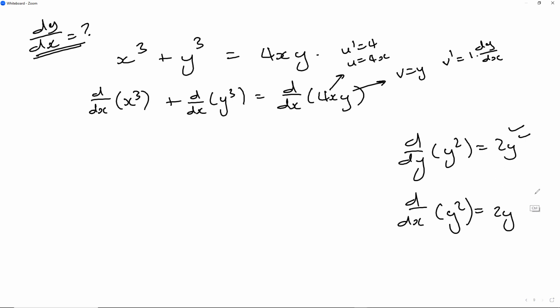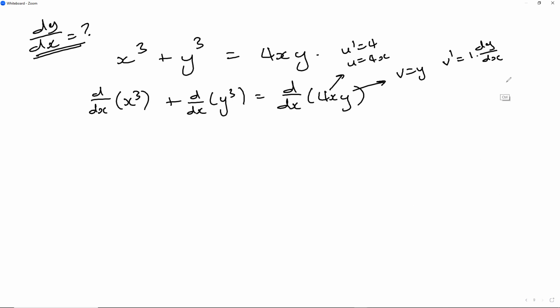In other words, to calculate this, we have to go d dy times dy dx first, to cancel it out to get that here. And so that component becomes 2y dy dx. And so we have to write that afterwards.